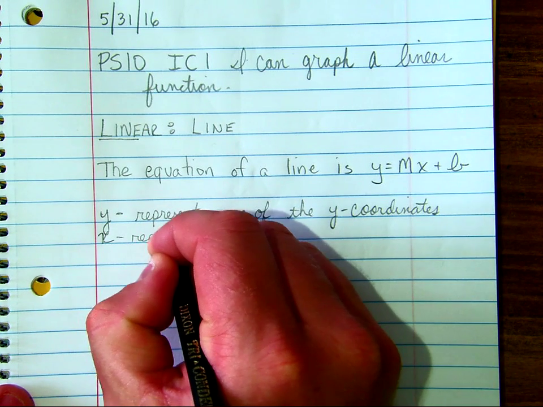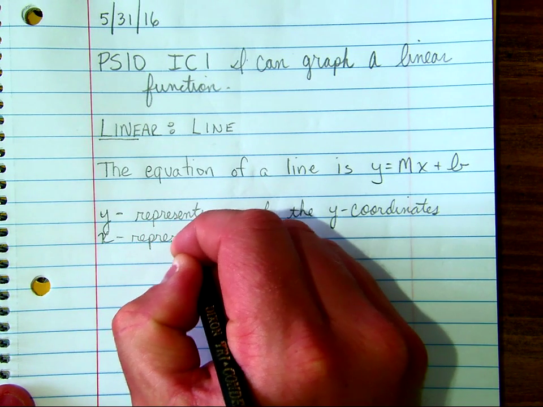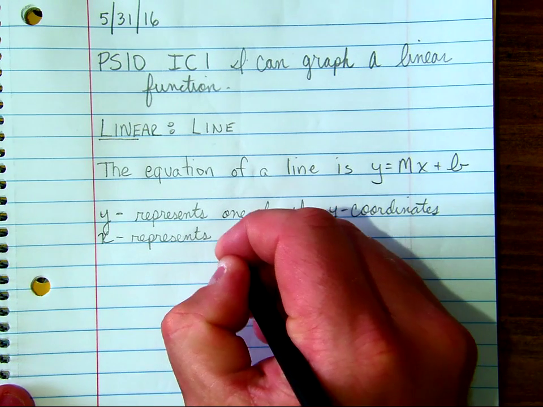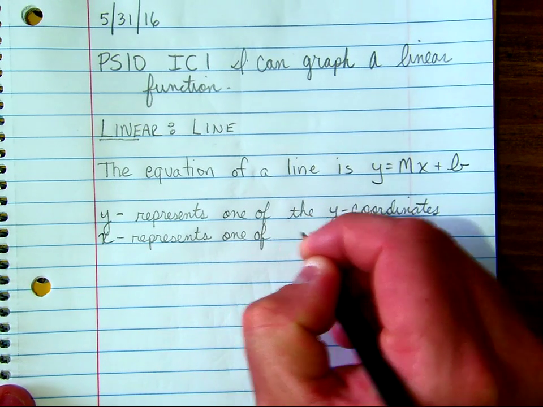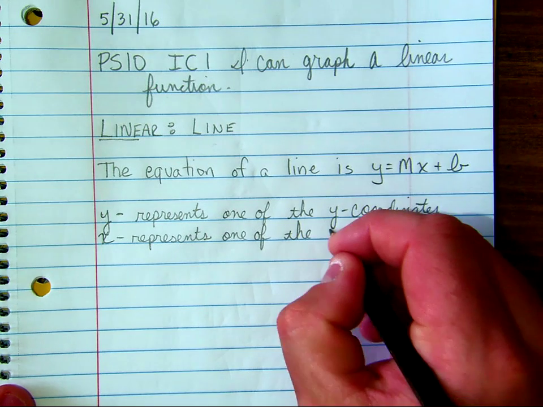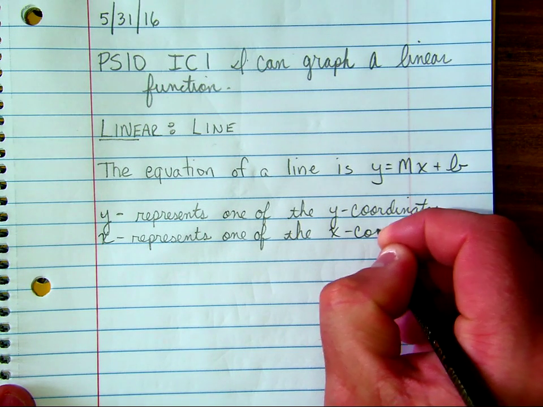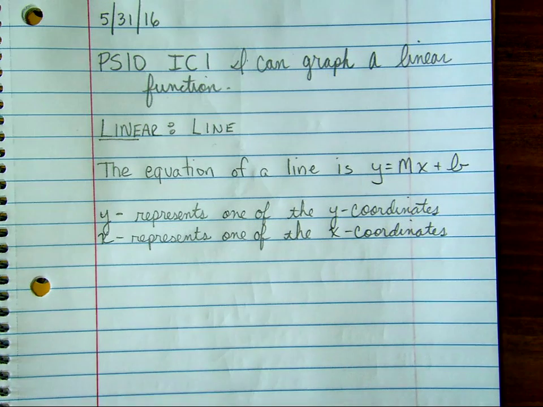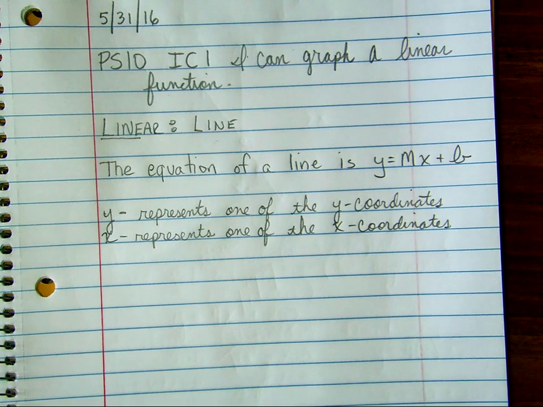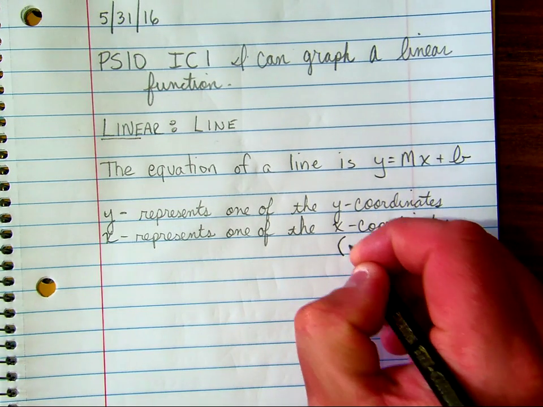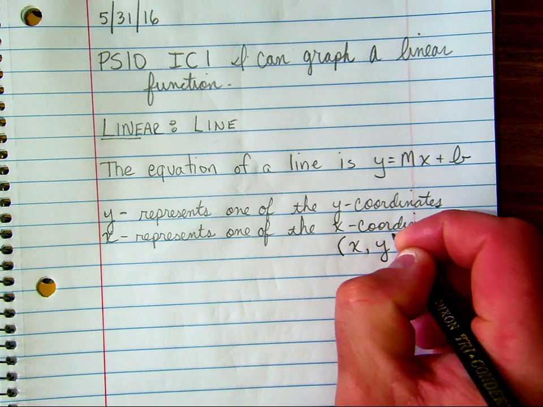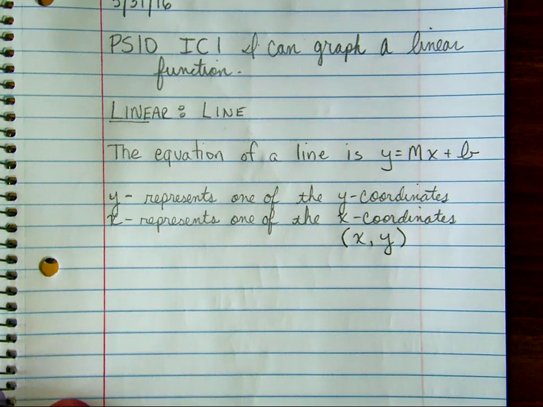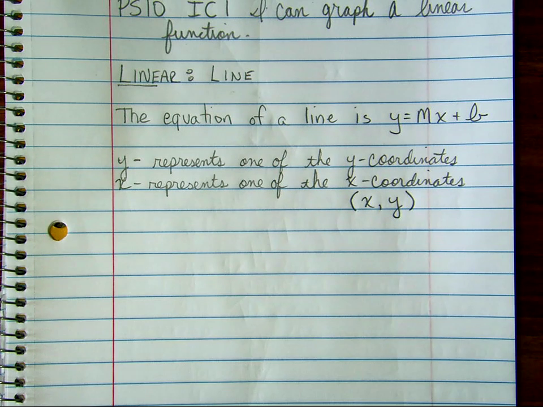X represents one of the corresponding x coordinates. Now, when you think of these x and y coordinates, what I'm talking about is an ordered pair, a point. Or in this case, a coordinate.